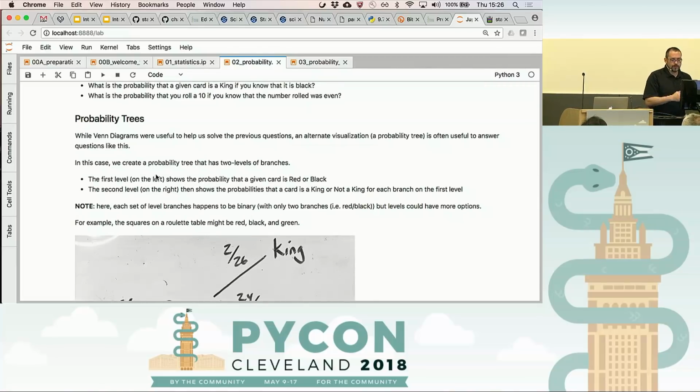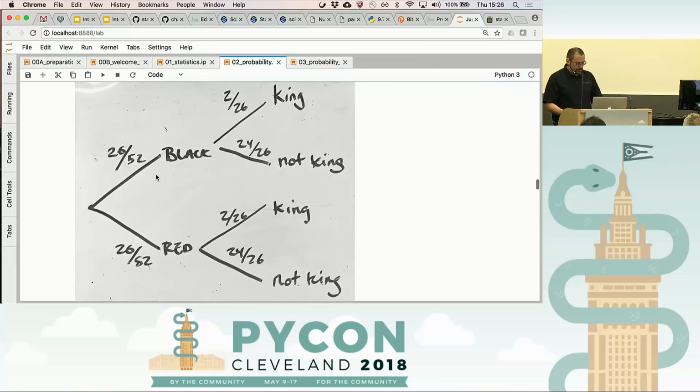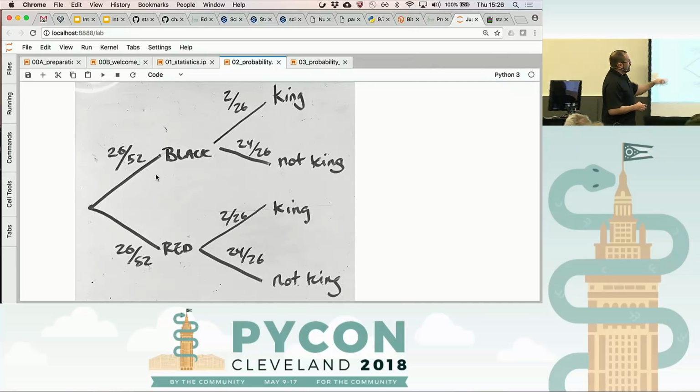To help us do that, Venn diagrams sometimes break down a little bit. So a really useful thing that people will point to is this idea of a probability tree. So for example, I have a deck of cards. They have 52 cards total. Some of them are black, some of them are red. I know that 26 out of 52 are black, 26 out of 52 are red.